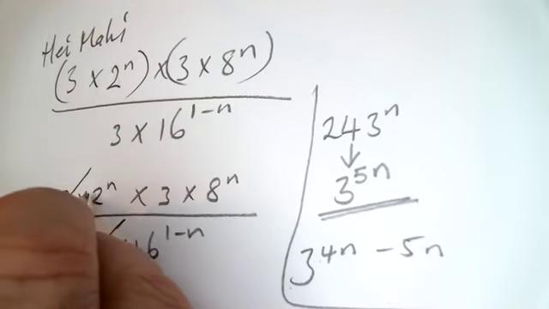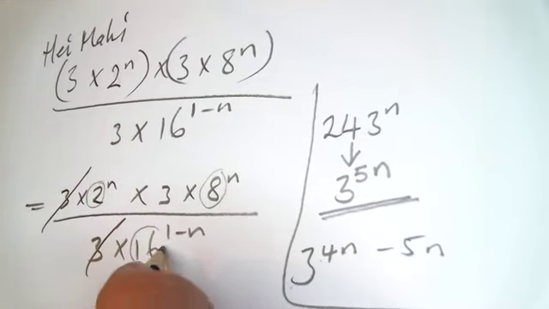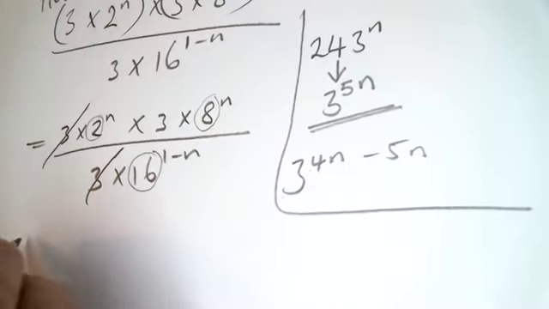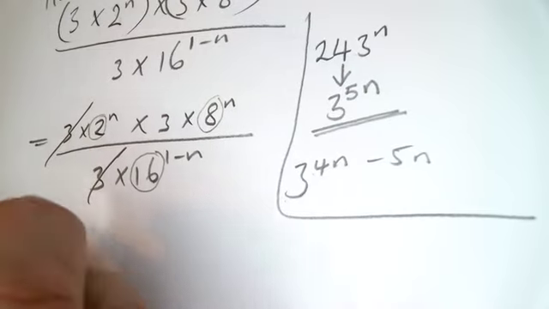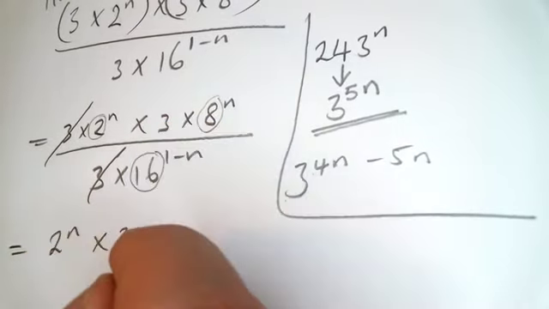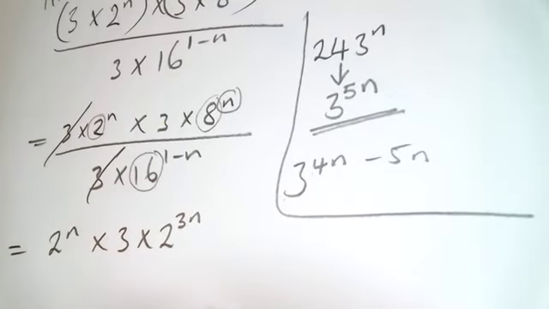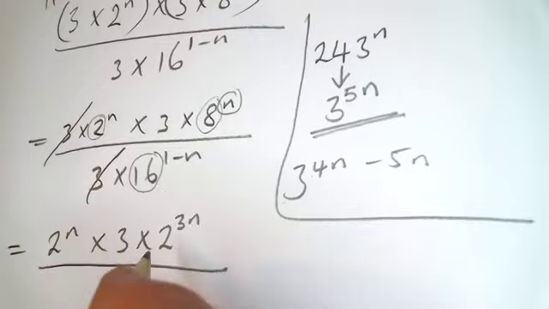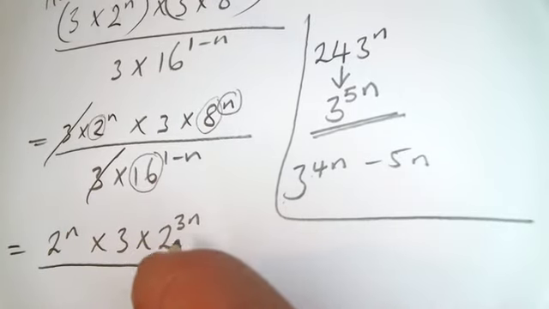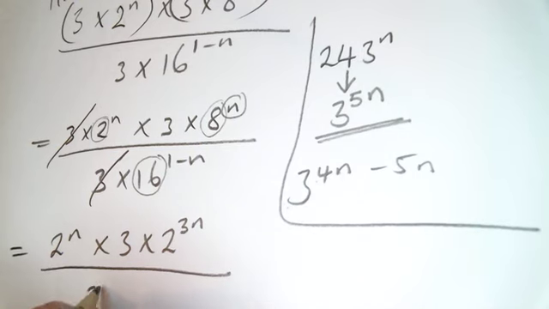But I'm noticing we've got powers of 2. This is 2 to the power of 3. This is 2 to the power of 4. So I'm going to rewrite that in the next line. So I've got 2 to the n times 3 times, well, 8 is going to be 2 to the power of 3, so 2 to the power of 3n, sorry, times 16, which is 2 to the 4.